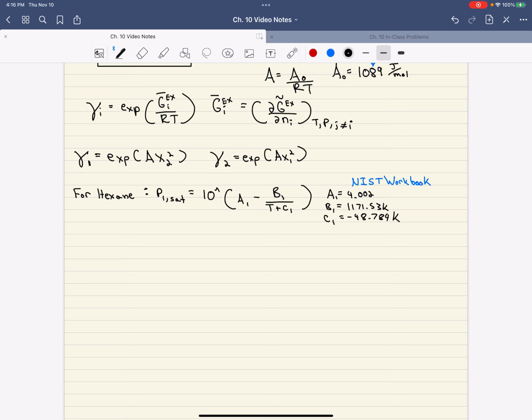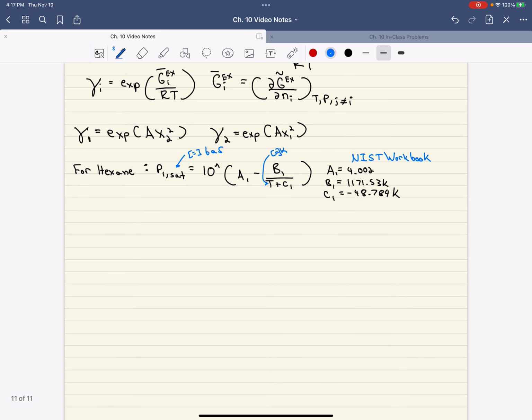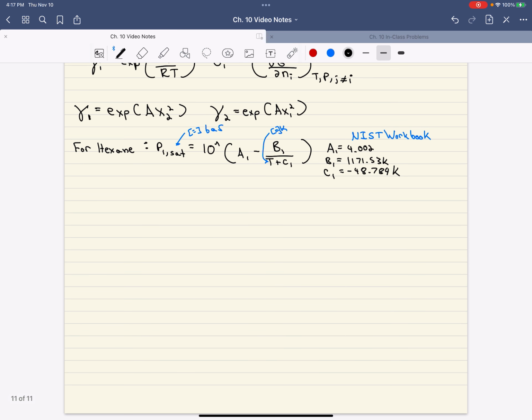And when we use these constants, this T is also going to be in units of K. If we use these sets of constants, it's going to give us a pressure in units of bar. So when we do our calculations, we just need to make sure that everything is converted correctly. And for benzene, to get the vapor pressure, you would follow a similar approach.